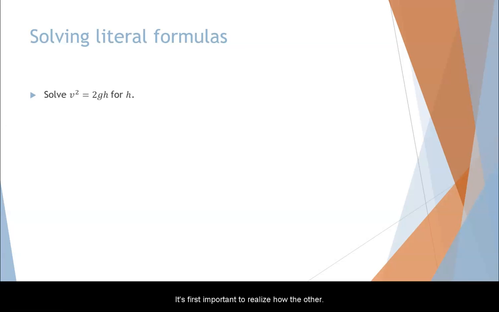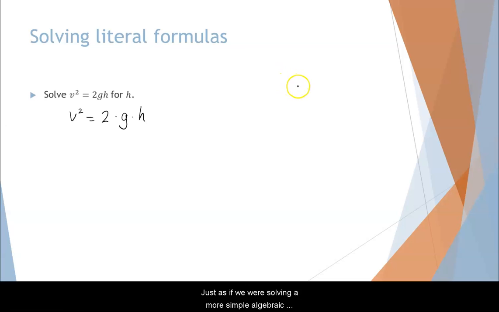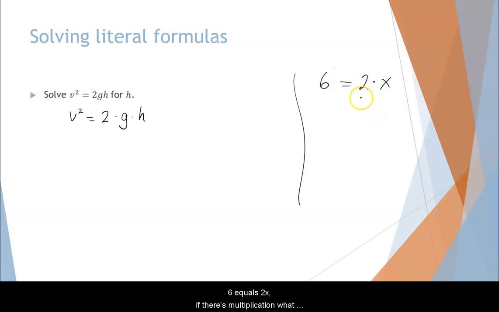It's first important to realize how the other parts of the equation are attached. So right here, I see that this is v squared equals 2 times g times h. Just as if we were solving a more simple algebraic equation, like if we were trying to solve 6 equals 2 times x, if there's multiplication, what we're going to do is divide that out.